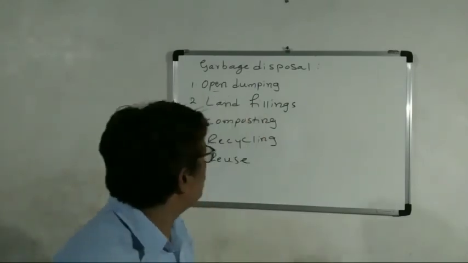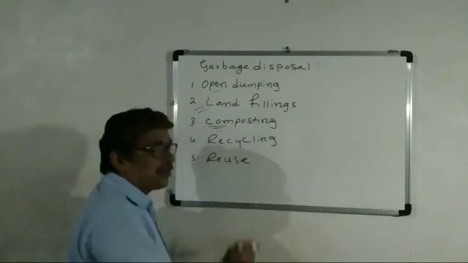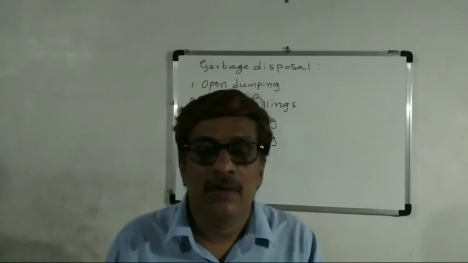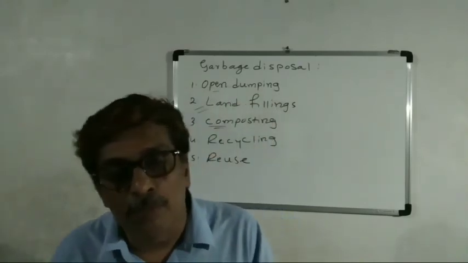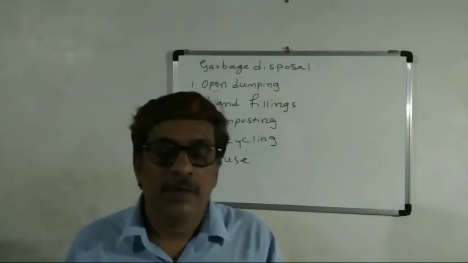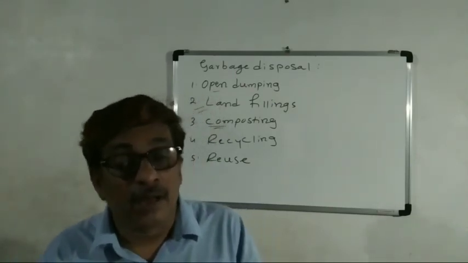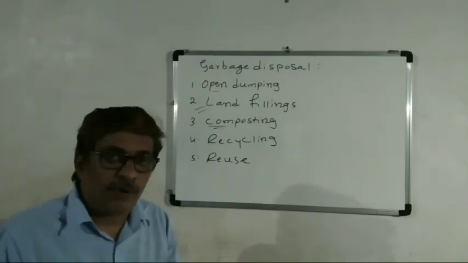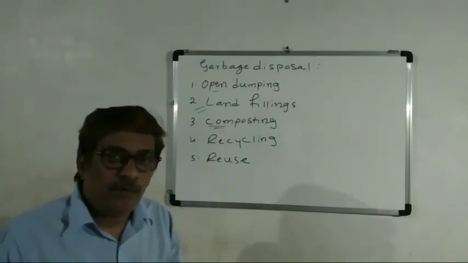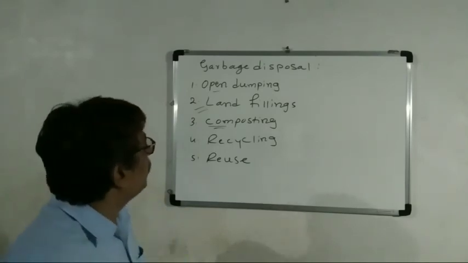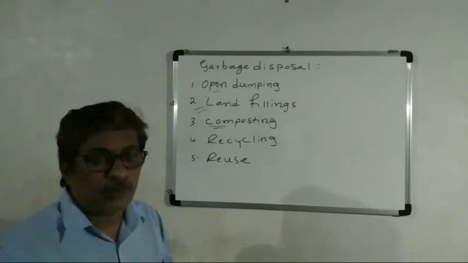The third one is composting. Organic wastes are filled into the compost pit. It is then covered with a layer of soil. After a few days, it is converted into manure.